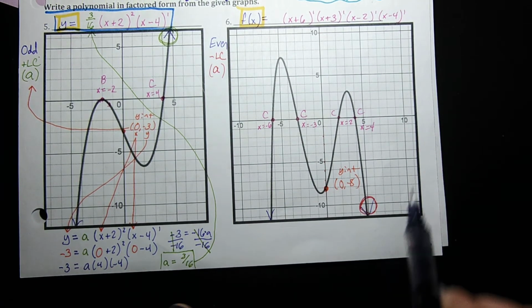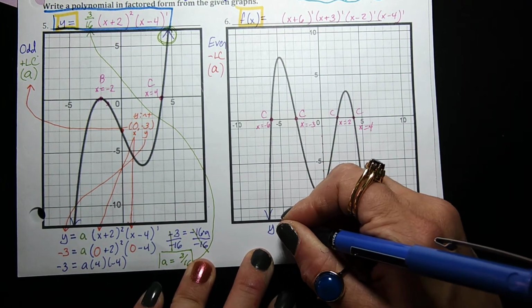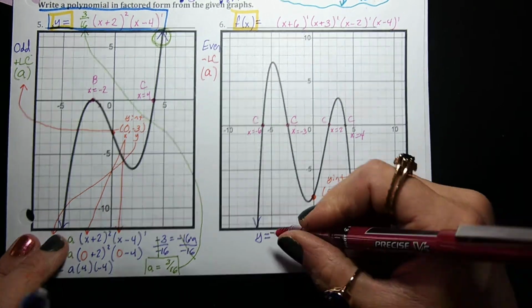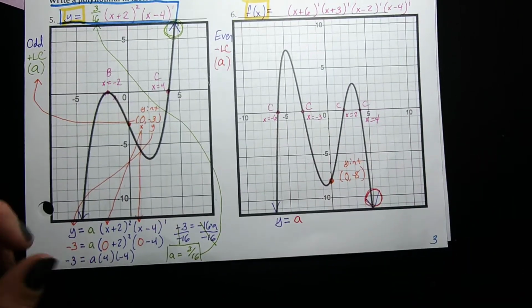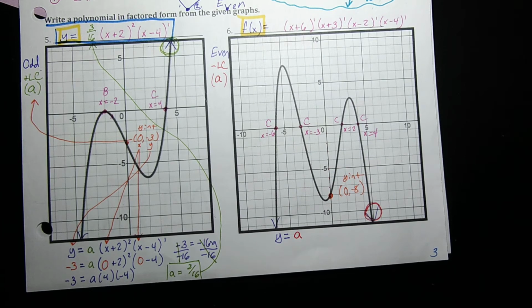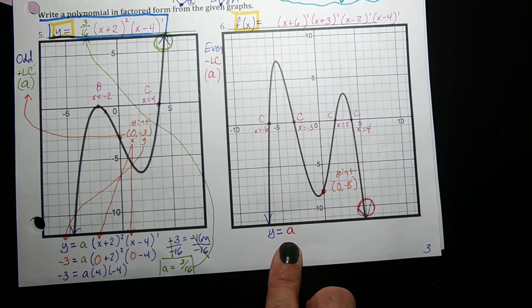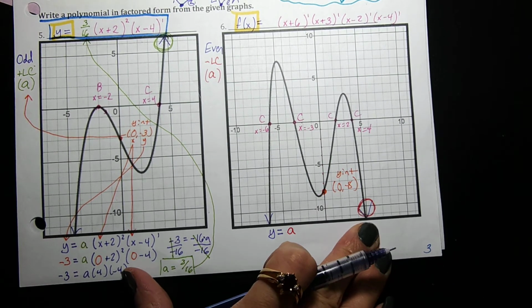So I'm going to write that equation below. Y equals the a value. And if you're like, hey, Mrs. Cairo, but that a value is negative, that negative should reveal itself when we solve for it. So it's still just variable a when we are solving for that leading coefficient.